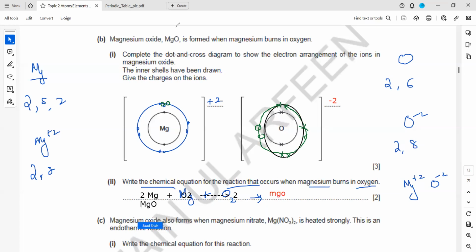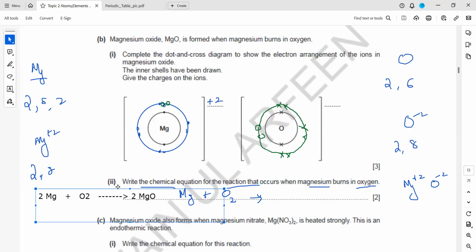But you have to balance the equation. So 2 oxygen are there, so we balance oxygen, then 2 magnesium, so we put 2. Magnesium is also balanced. So this is a balanced equation for reaction between magnesium and oxygen.